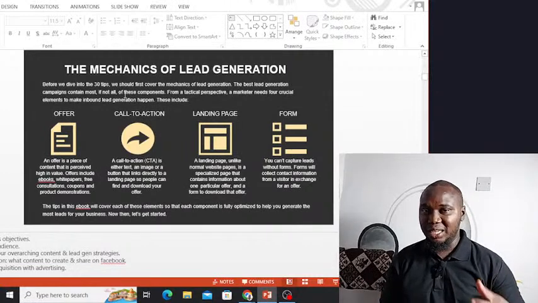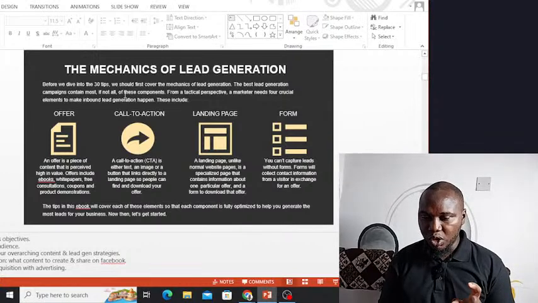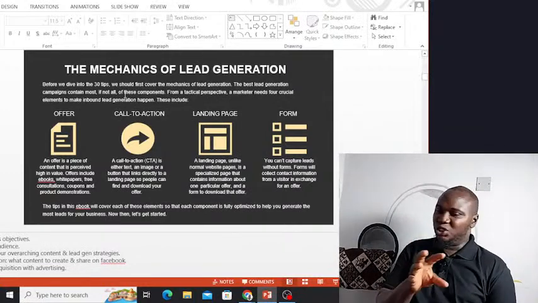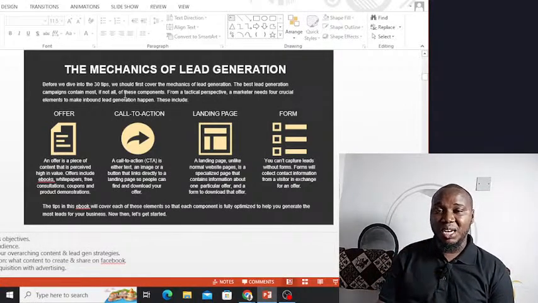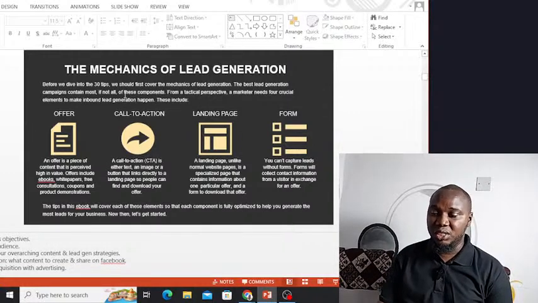And that is exactly what your form will do. Forms will collect information from a visitor in exchange for an offer. This slide that we're looking at is just the mechanics of lead generation. Literally, that is just it, the mechanics of lead generation.